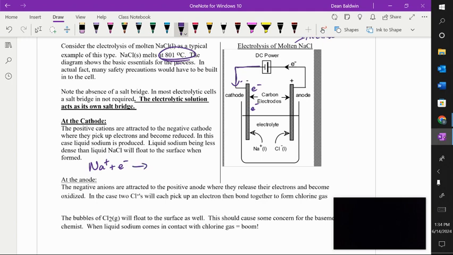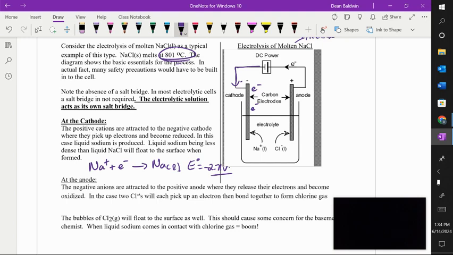Sodium picks up an electron, it becomes liquid sodium, because we're at 800 degrees. So it's liquid sodium, right? E naught of that is negative 2.71 volts.